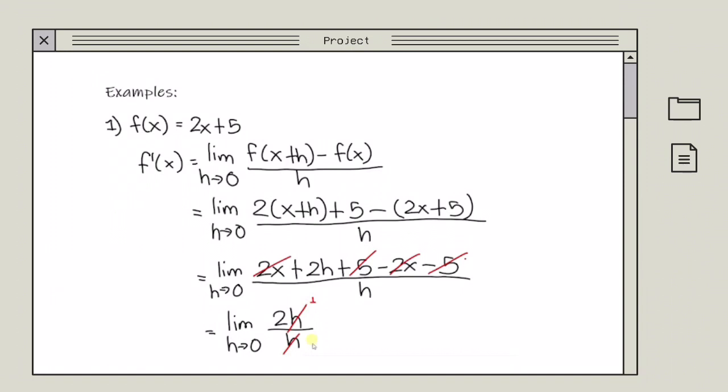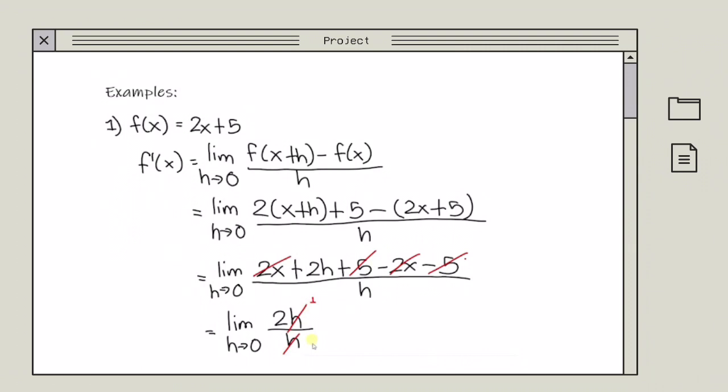Ito yung given natin na f of x, then this is all over our denominator. That is h as h approaches 0, then simplify na lang natin yung nasa numerator muna. So, this is equal to the limit of this distribute.